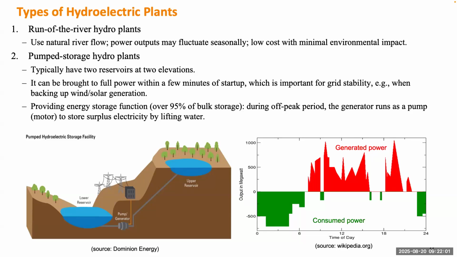If you use red and green colors to differentiate the energy generated or consumed by this power plant: during the peak hours, it will generate electricity, and the water will flow down from the upper reservoir to the lower reservoir. During the off-peak hours, it will use electricity from the grid.